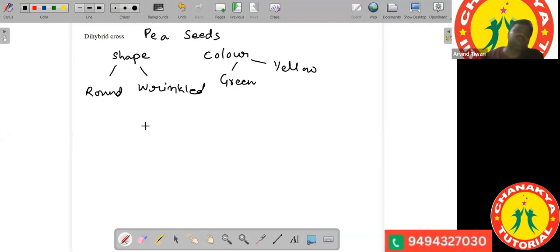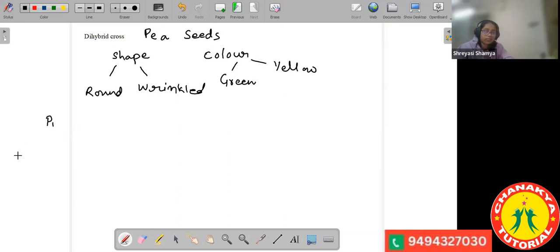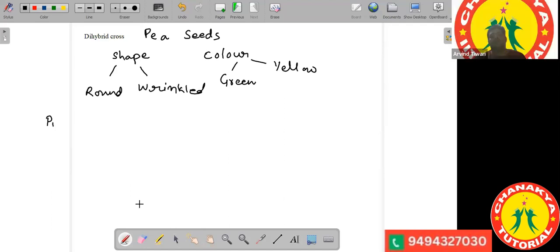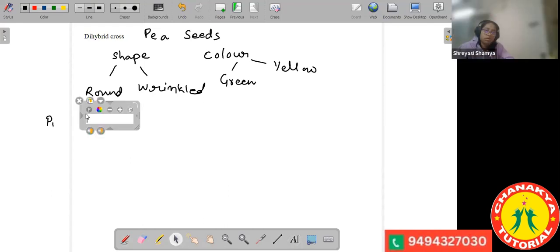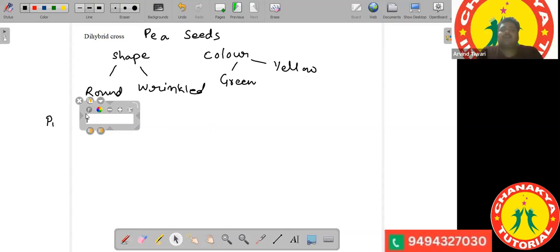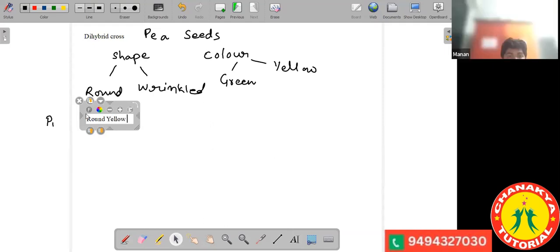Okay. So what seeds were taken as the parent generation? Round yellow and wrinkled green. Round yellow or round and green? Okay. What was taken? Round green, sir.